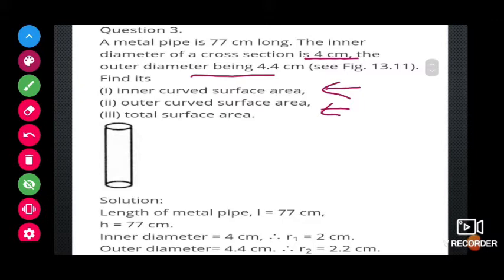If the inner diameter is 4 centimeter, then what will be the inner radius? Half of the diameter, so half of 4 centimeters will be 2 centimeter. In the same way, the outer diameter is 4.4 centimeter, so the outer radius will be half of 4.4 centimeter, 2.2 centimeter. And the height they have given as 77 centimeter.